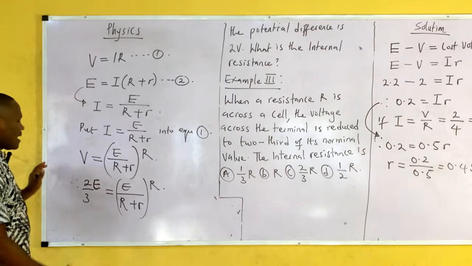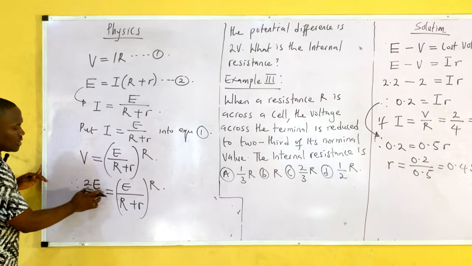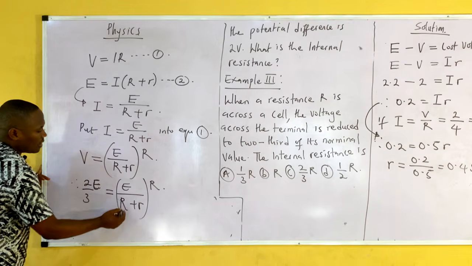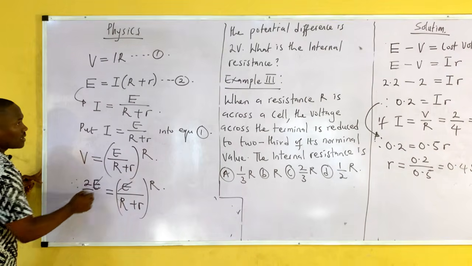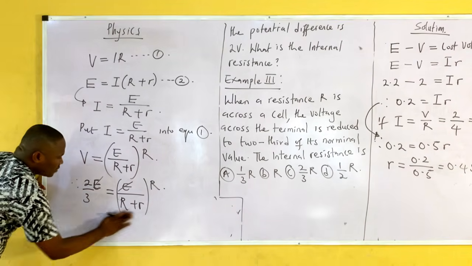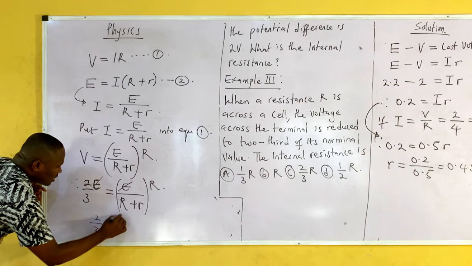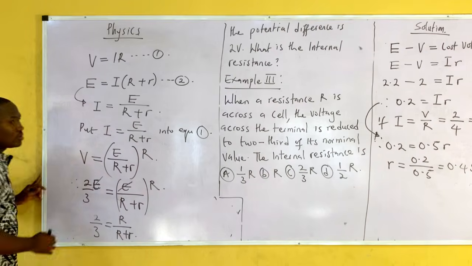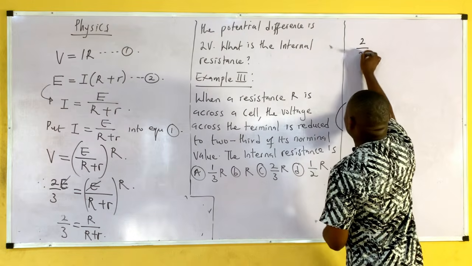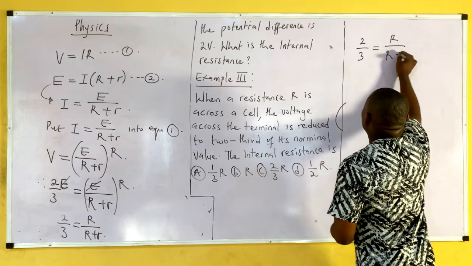So now I have two-thirds of the nominal value, which is 2 over 3 of E, equal to E over R plus r times R. So if I have it this way, my E can cancel out my E. So what am I left with? I'm now left with 2 over 3 is equal to R over R plus r. That's what you have left.